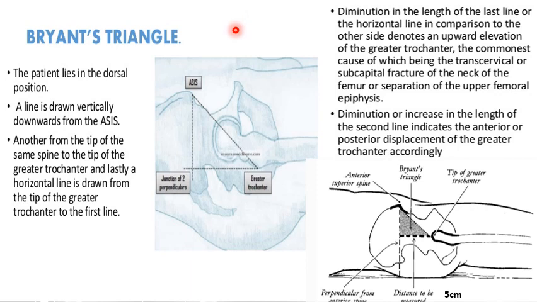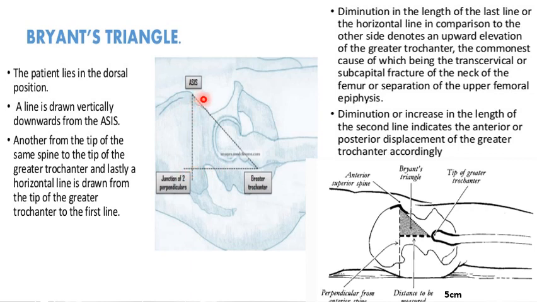Another surface anatomy that is important is Bryant's triangle, where the patient is made to lie in the dorsal position and a line is drawn vertically down from the anterior superior iliac spine, and another line is drawn from the anterior superior iliac spine to the greater trochanter, and the third line is drawn joining the greater trochanter to the first line.